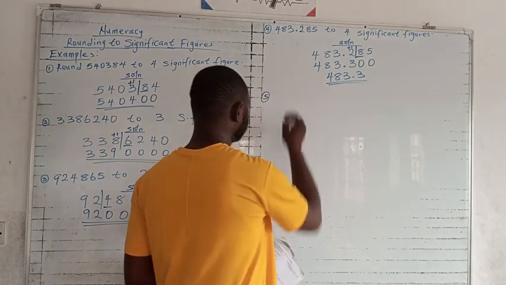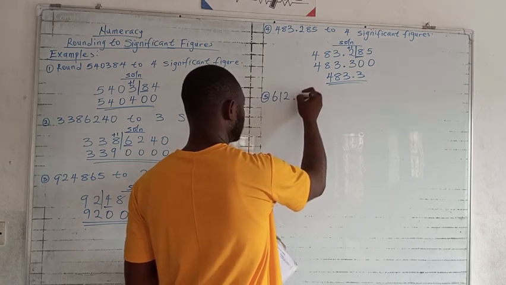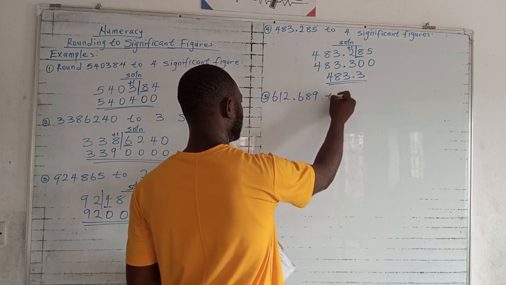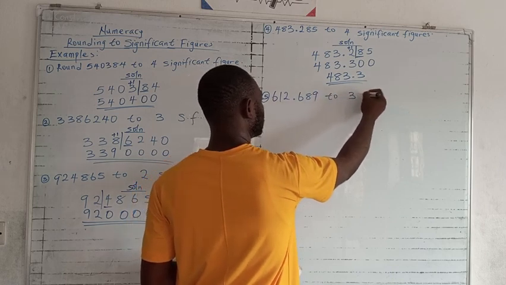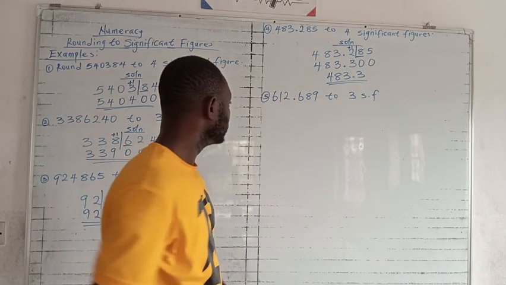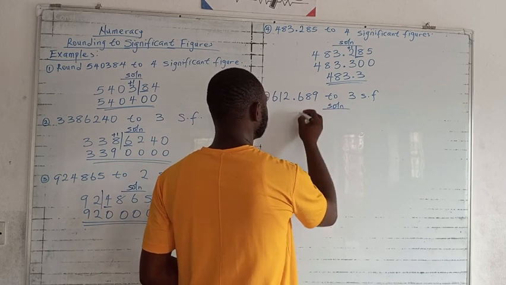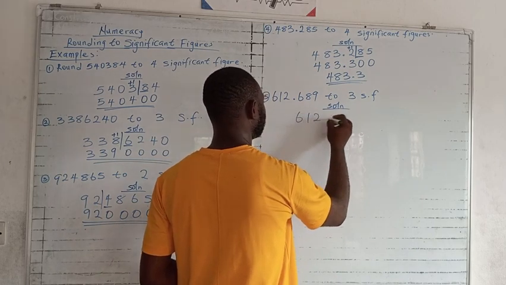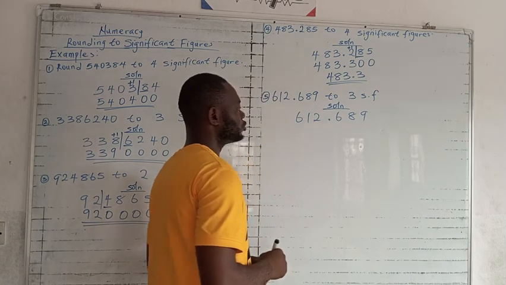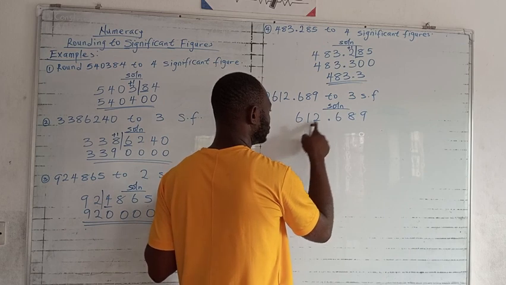I have 612.689 to 3 significant figures. Solution: 612.689. Since we are rounding these to 3 significant figures, remember we do our normal counting. 1, 2, 3.